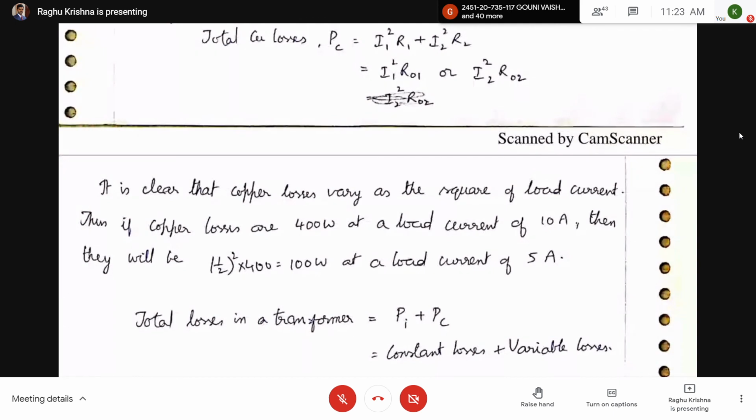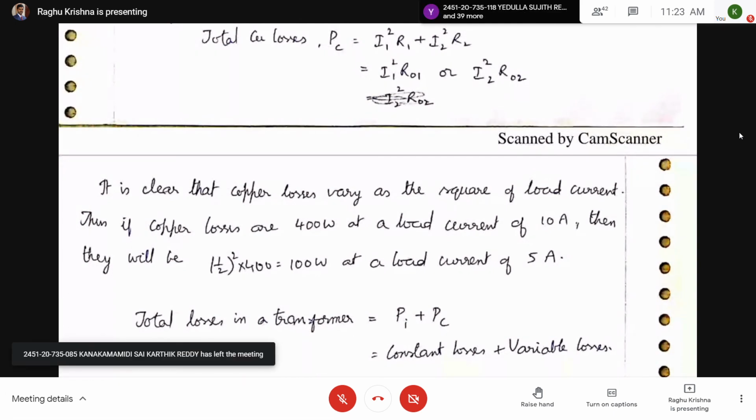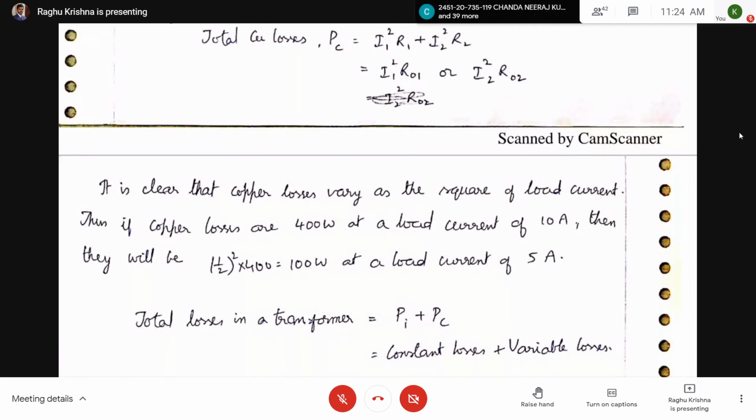Iron losses will be constant. Copper losses vary as the square of the load current, so they depend upon the load. If the load is 0, the current will be 0 and the copper losses will be 0. But core losses depend upon voltage.